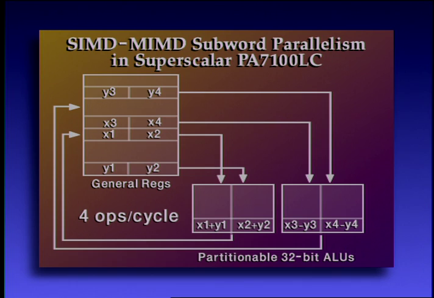Subword parallelism provides for the SIMD part of the parallelism, while superscalar execution provides for the MIMD part of parallelism. This type of SIMD-MIMD parallelism is implemented in the superscalar PA-RISC processor known as the PA-7100LC.